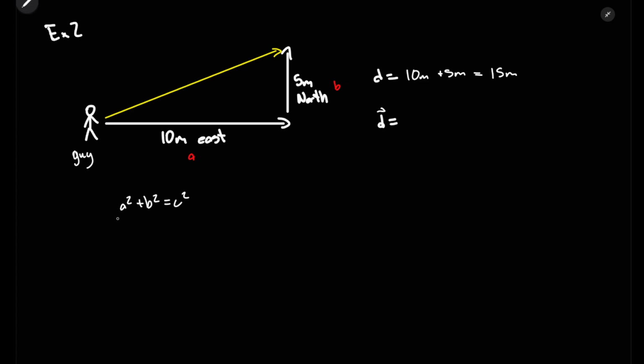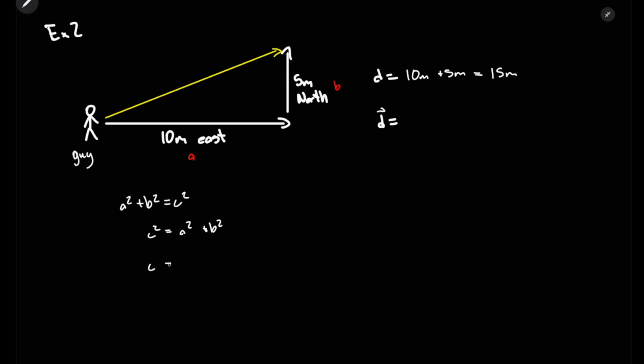We'll move c to the other side, equals a squared plus b squared, just so it'll make our equation cleaner once we solve it. So we're going to do a squared plus b squared to find the vector using our x component and y component.